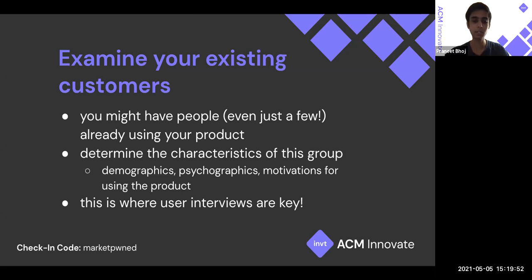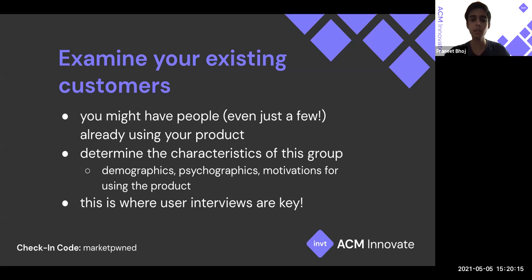But anyways, if you have some early users, it's important to analyze who your users are and figure out some of the characteristics of the group. This includes things like demographics, which are typically characteristics like age, gender, income, location, maybe education, occupation, all sorts of stuff like that.